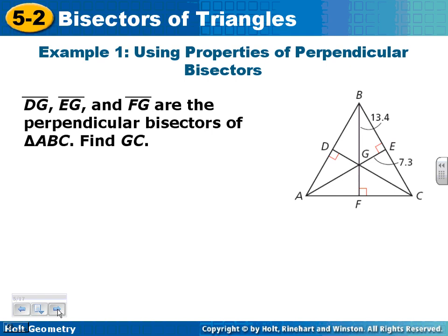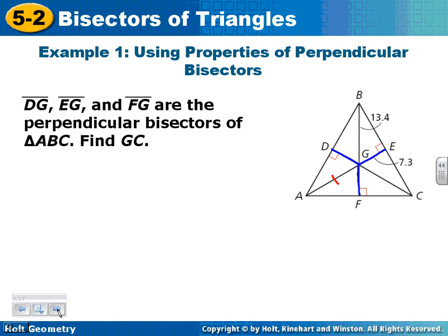Well, look at this example. It says DG, EG, and FG are the perpendicular bisectors of triangle ABC. So let me draw those in blue. This is a perpendicular bisector. This is a perpendicular bisector. And that's a perpendicular bisector. Perpendicular bisectors are not congruent.